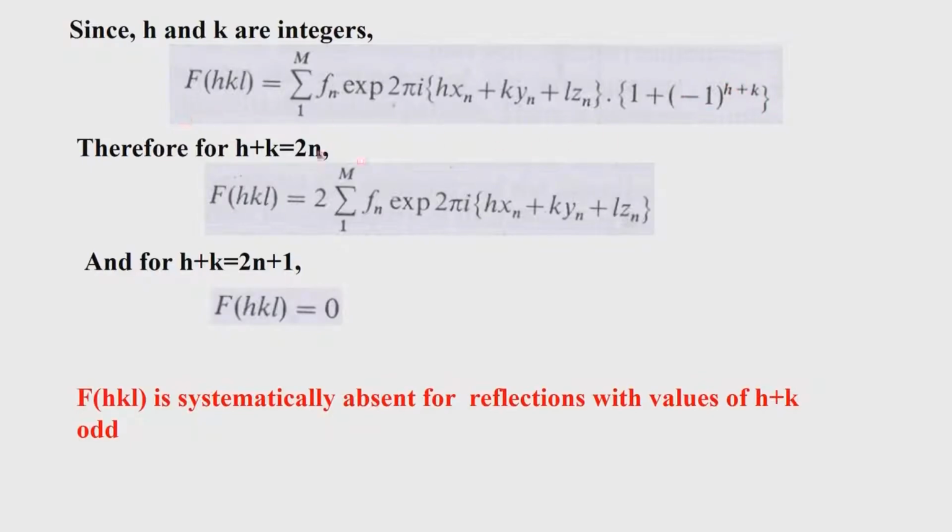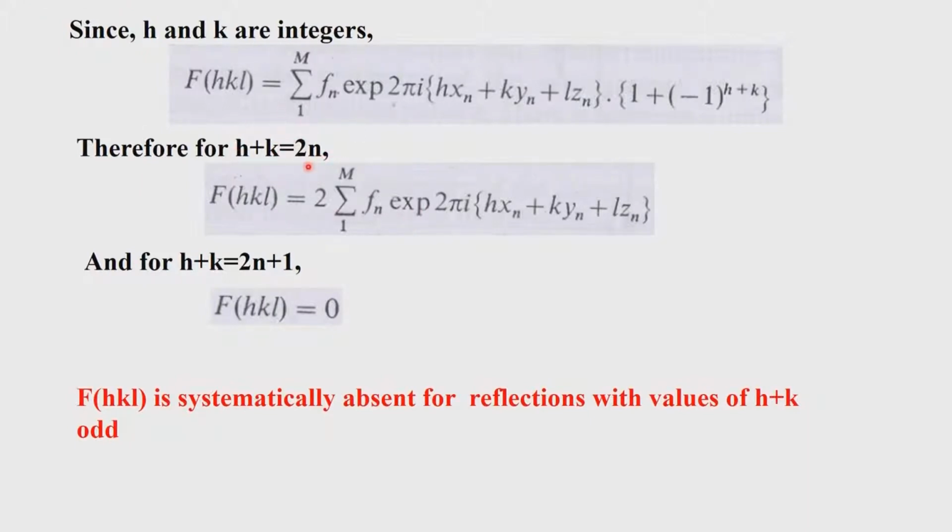If h plus k is even, let us take an example: suppose we have a reflection in the diffraction experiment which is 1 1 0. So h equals 1, k is equal to 1. So h plus k is what? H plus k is 2. That means it is even, 2n with n equal to 1 here.